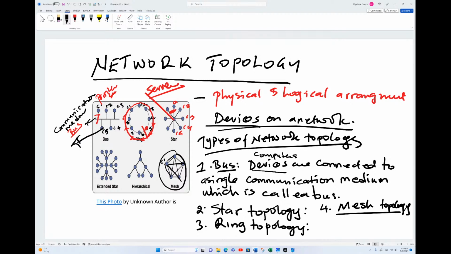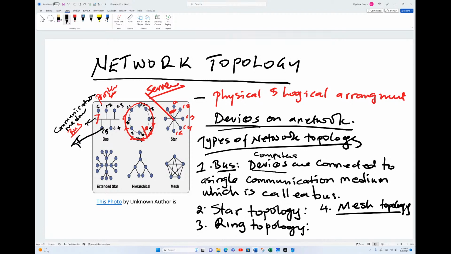So that's why it needs a lot of cables. It's a very expensive network structure, because it needs a lot of cables. It needs too much skill to configure it. So you need to combine all the knowledge, all the science in all these other topologies in order to come up with the mesh topology.